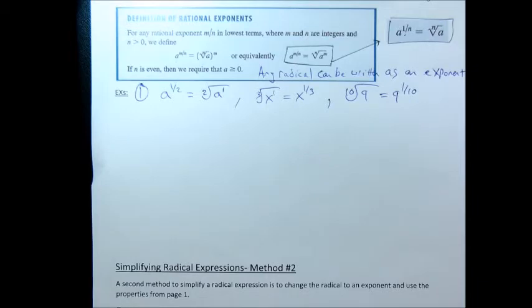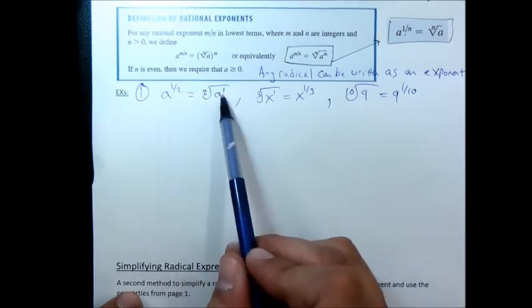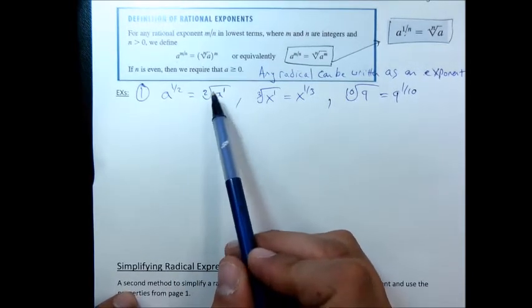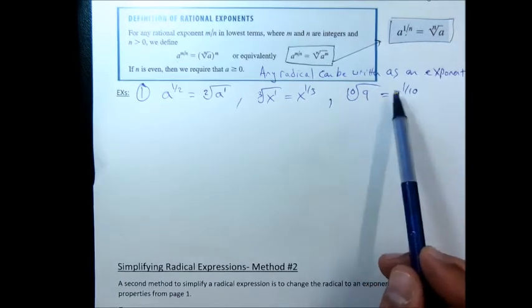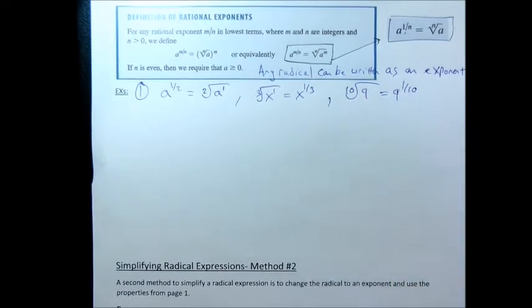Especially there's a couple of problems in the homework where it wants you to simplify down some value where it says like 4 to the 3/2 or something like that. And so in those situations you want to change it to a radical and simplify. And then in other situations where it wants you to simplify some big expression, you want to change it from a radical into an exponent and simplify. It depends, in other words, whether you go from a radical to an exponent or vice versa on the particular problem.